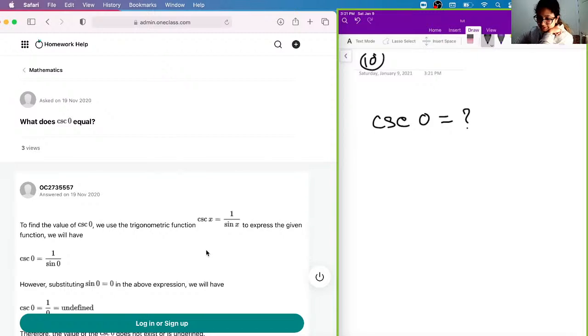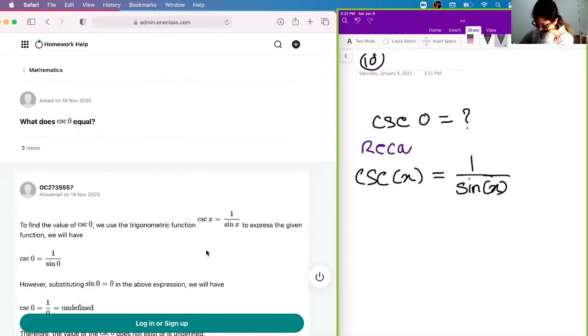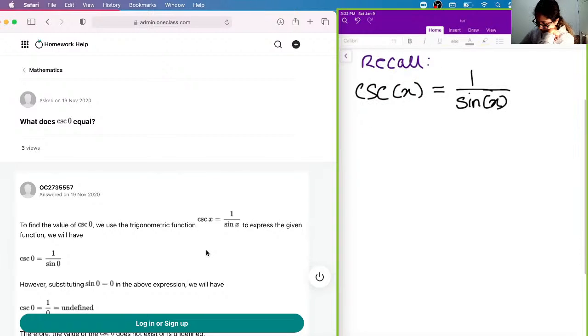To find the value of cosecant of 0, we use a trigonometric function: if you recall, cosecant of x is equal to the reciprocal of sine of x, right? And so we can substitute 0 for x.